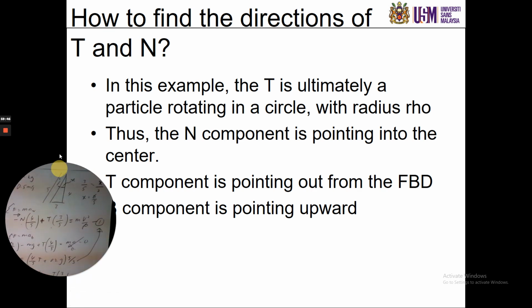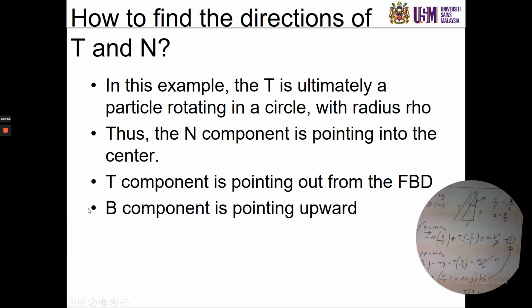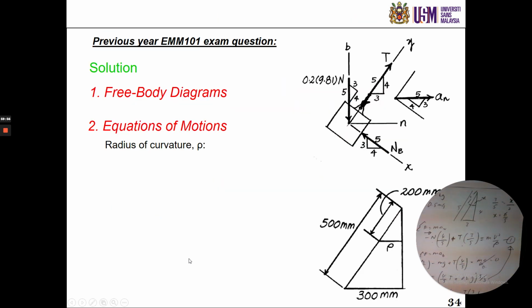Thus the n component is pointing into the center, the t component is pointing out of the free body diagram, and b, the binormal component, is pointing upward. So using this free body diagram, you got the radius of curvature as 6 divided by 5, or 0.12.